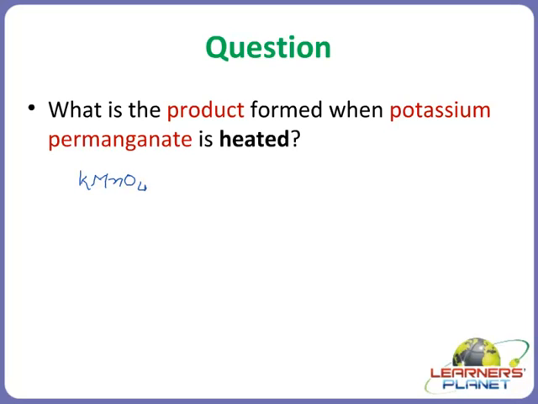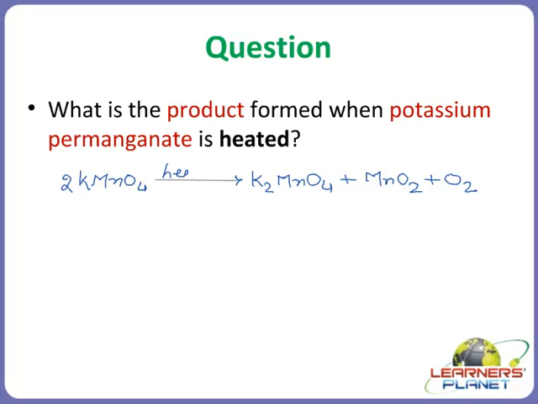Now when it is heated, what are we getting? We are getting potassium manganate, K2MnO4, plus manganese dioxide plus oxygen. Now let's balance this. It is twice of KMnO4.